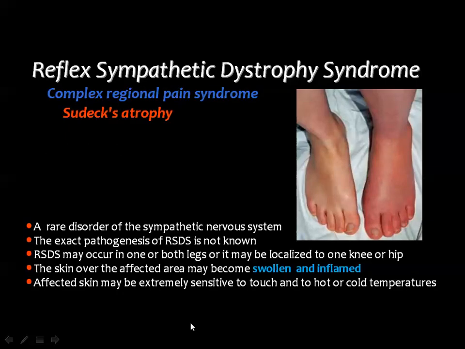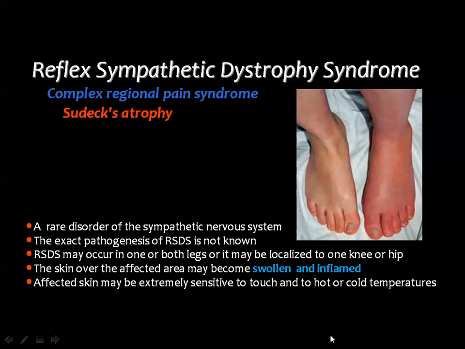Then we come to the reflex sympathetic dystrophy syndrome, which was previously known as Sudeck's atrophy and now is known as complex regional pain syndrome. This is a rare disorder and the exact etiology is not known, and the presentation is usually by a swollen, red, extremely painful limb, let us say the foot or the hand, for example.